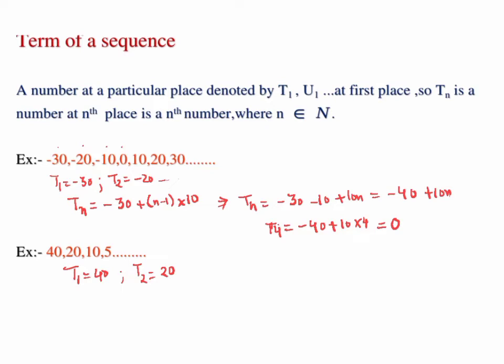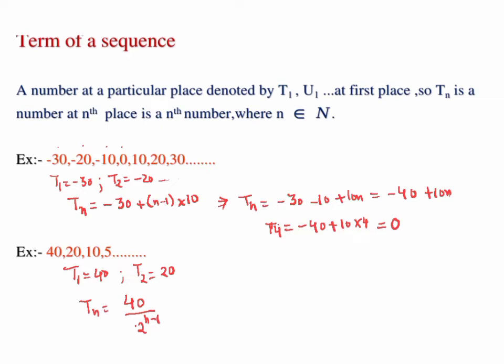Similarly, if you see here, we can say the nth term will be 40 divided by 2 to the power n minus 1.